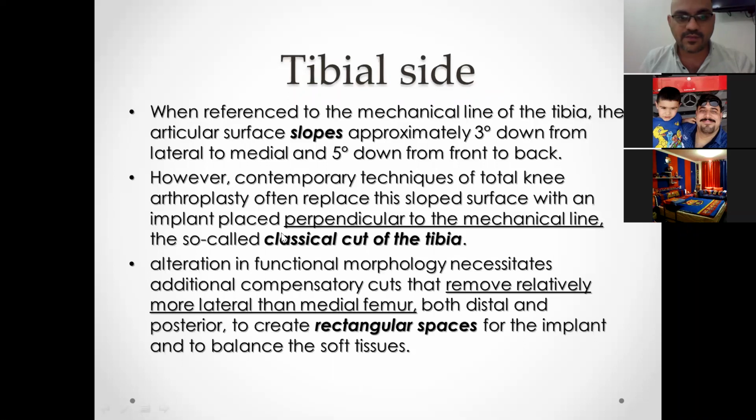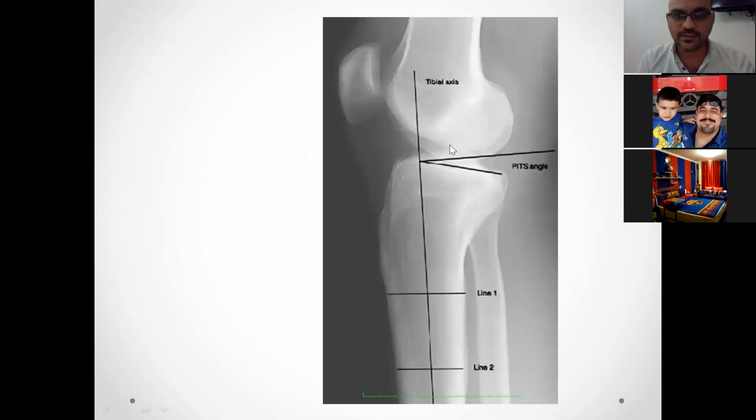So when you have altered the functional morphology, it must be accompanied by a compensatory cut that removes relatively more lateral than medial femur, both distal and posterior, which creates a rectangular space. And this is shown here. You can see the mechanical and anatomical axis on the axial view of the tibia.